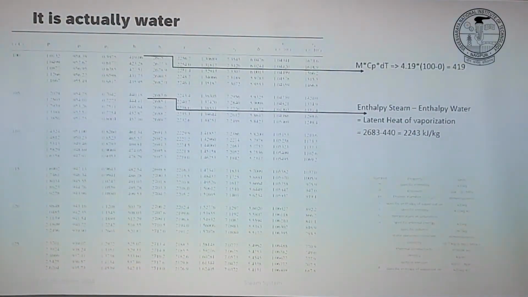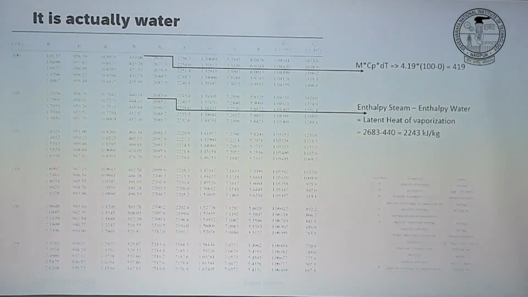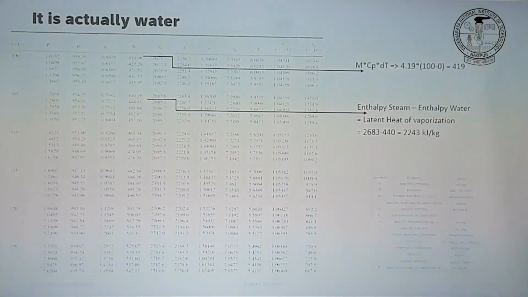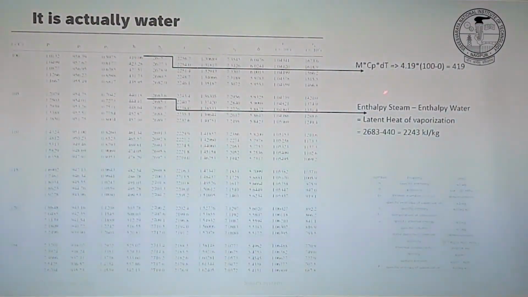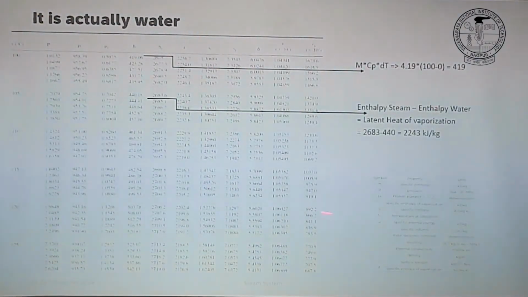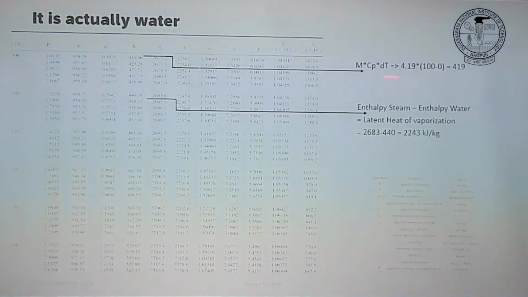But if you increase the temperature of steam, heat the steam further, it becomes superheated. As you apply this formula on the liquid side, you will apply a similar formula on the steam side or the vapor side. The only difference is Cp would be for the steam.